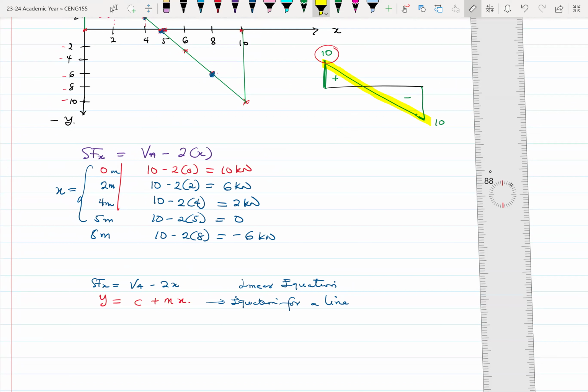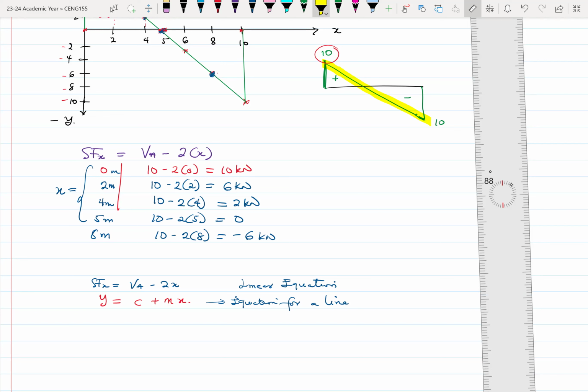The reason I want us to appreciate the equation approach is that at some point during the course, maybe not too important this semester, but as you go higher, you wouldn't want to be looking for shear forces at every interval.